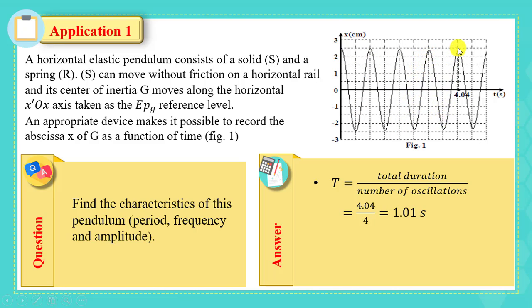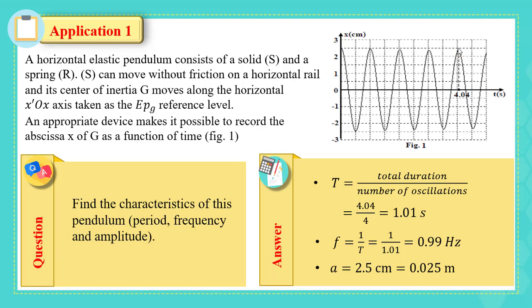Frequency, which is the reciprocal of the period, 1 over T, 1 over 1.01, the answer is 0.99 hertz. Finally, the amplitude, which is the maximum, and is taken 2.5 centimeters, which is 0.025 meters.